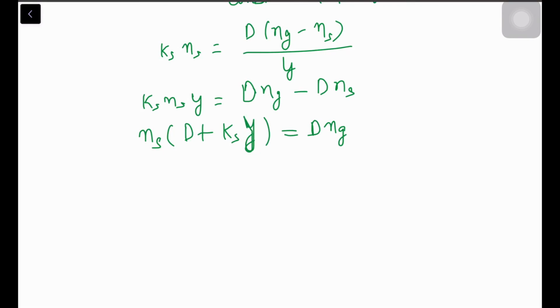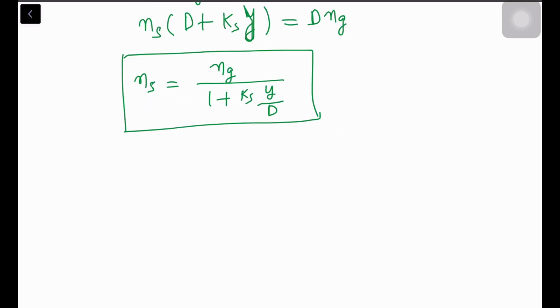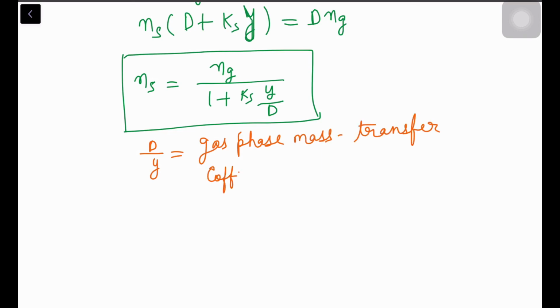Finally we get our expression Ns equal to Ng upon (1 plus Ks Y upon D), and the term D upon Y is called the gas phase transfer coefficient, represented by Hg.